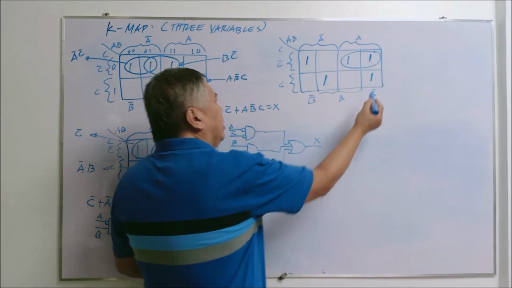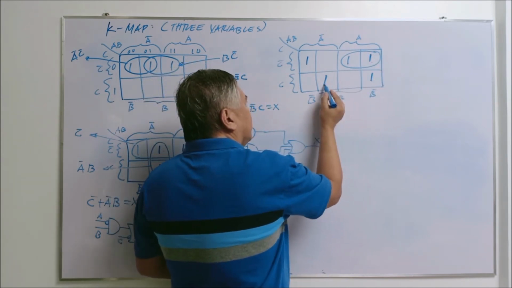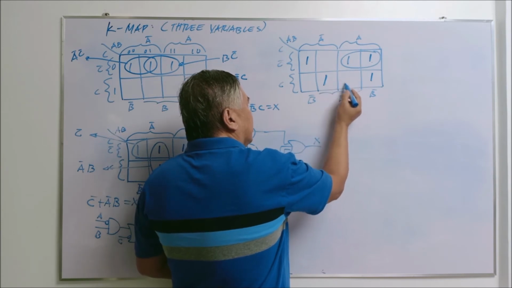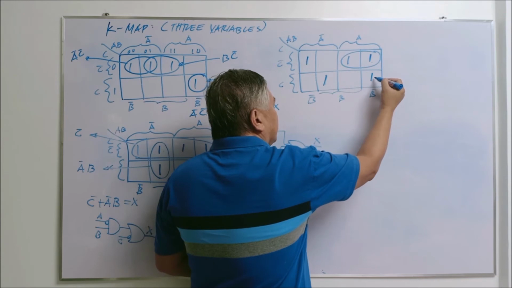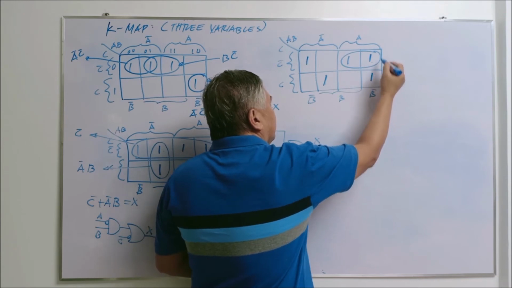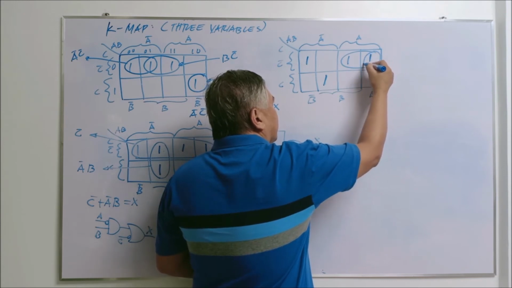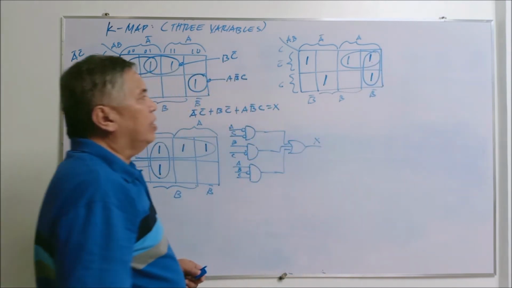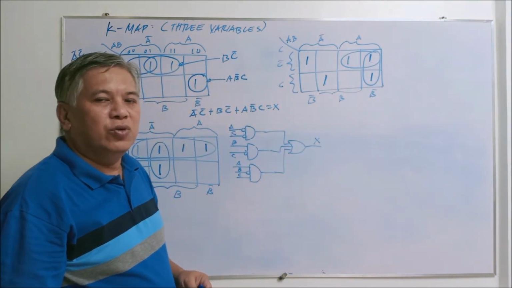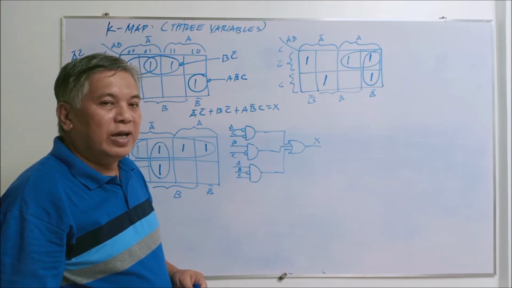This one here is not adjacent to this one because it is blank here. But this one is adjacent to this one, which is not yet grouped, so we group those two together. Are there any other 2 adjacent cells?